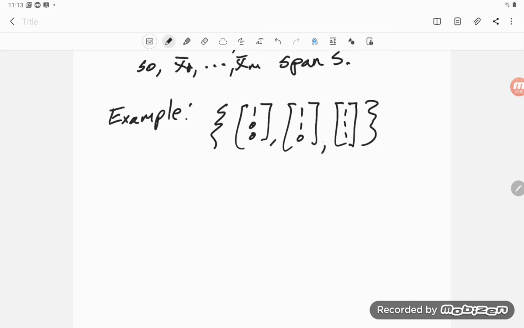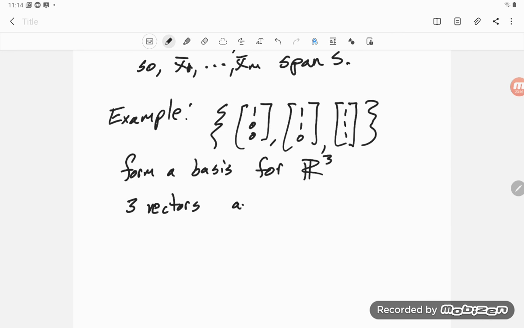What I know is these vectors form a basis for R3. The reason I know that is there are 3 vectors, and the dimension of R3 is equal to 3.